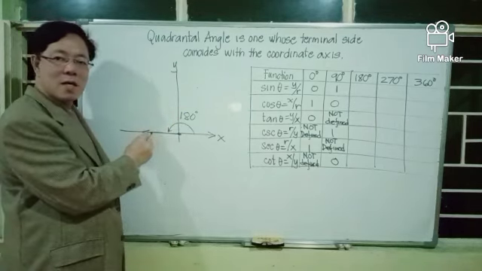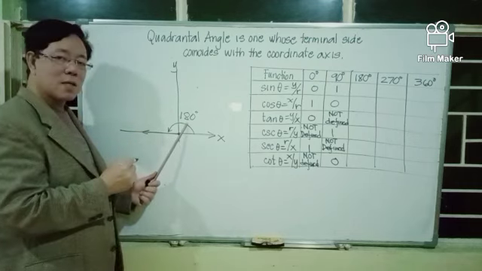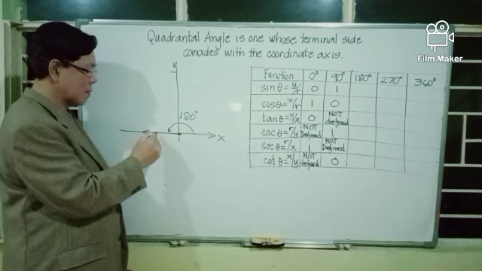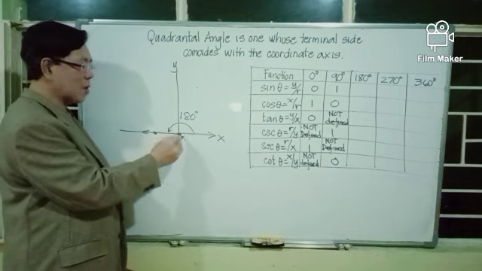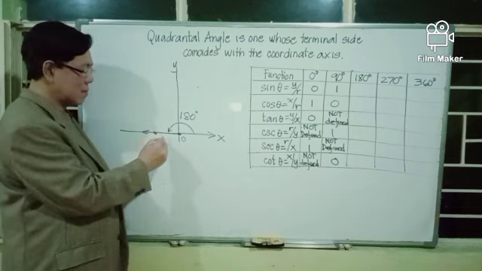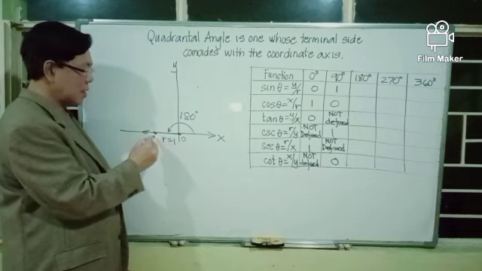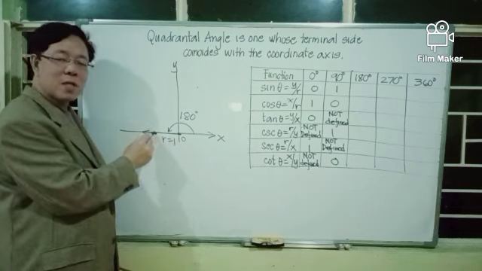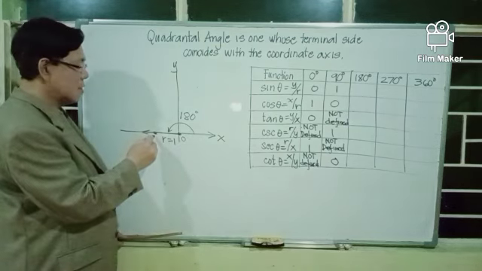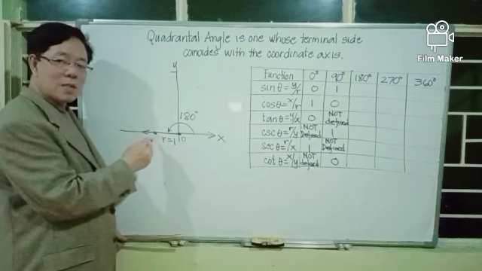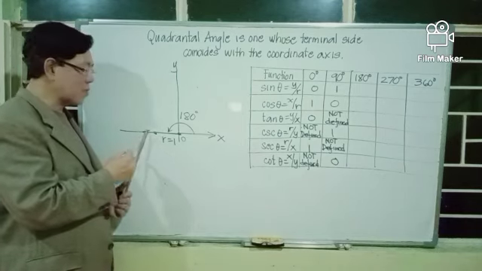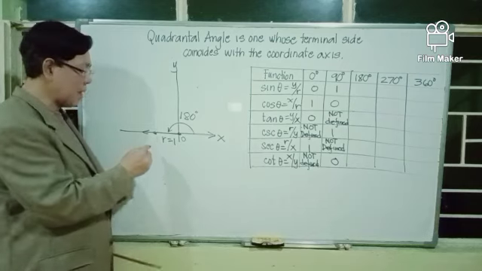On the terminal side of 180 degrees, we take an arbitrary point whose distance from the origin or the radius vector is 1. And at this point on the terminal side of 180 degrees, the abscissa, the first coordinate of this point, x has a value.